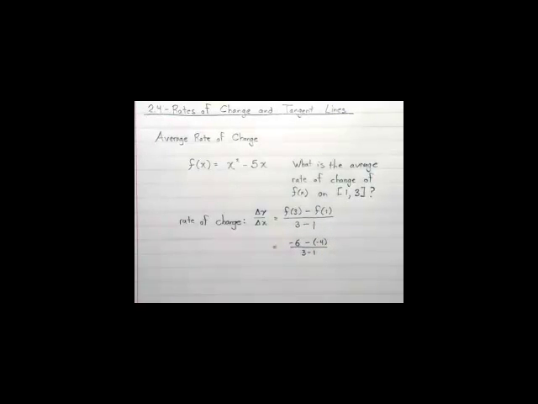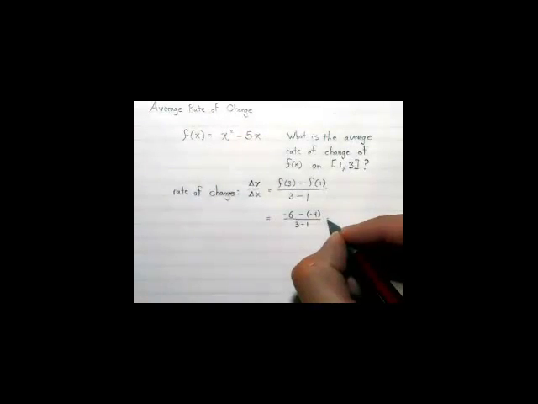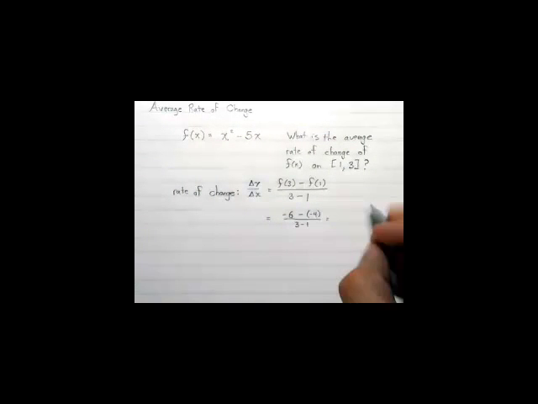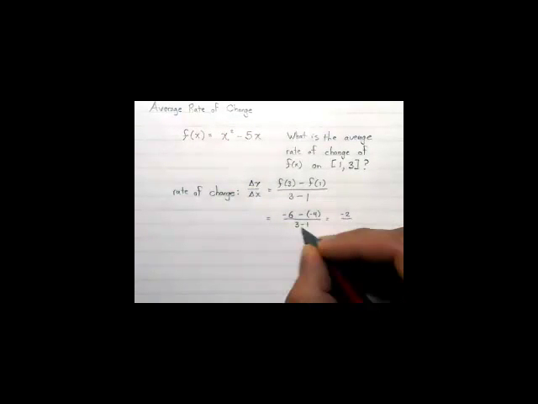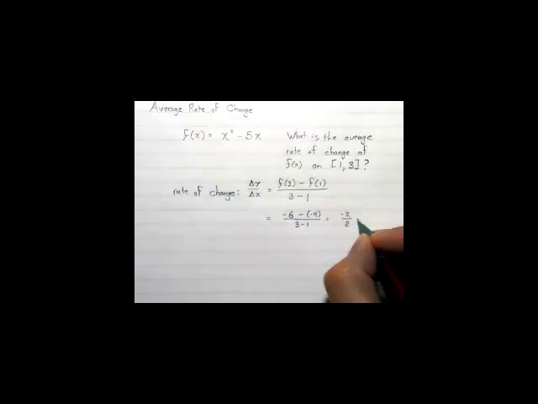So negative 6 minus negative 4 over 3 minus 1. That's negative 6 plus 4, which is negative 2, over 2. So the average rate of change on that interval is negative 1, or the slope of the secant line is negative 1.